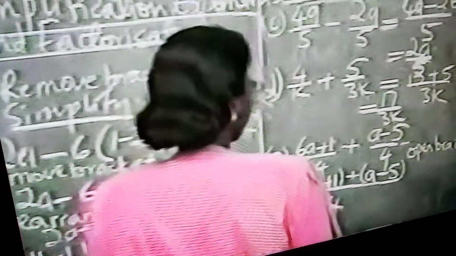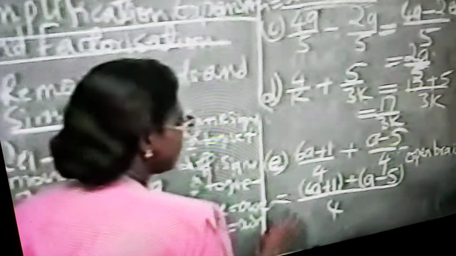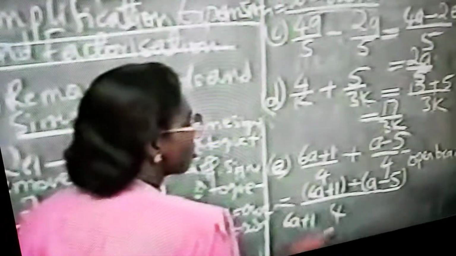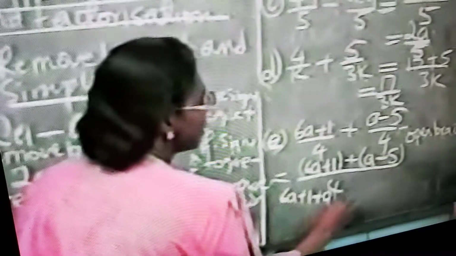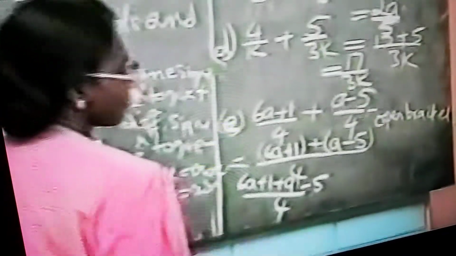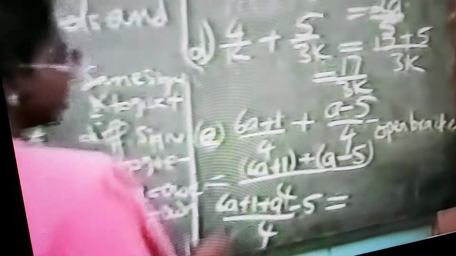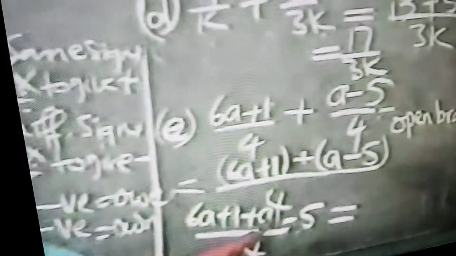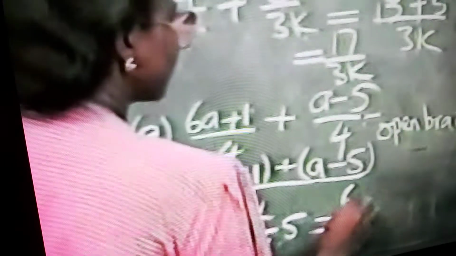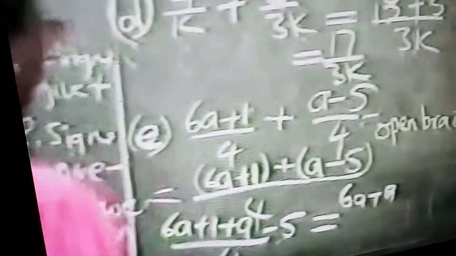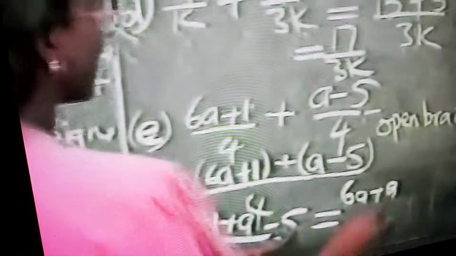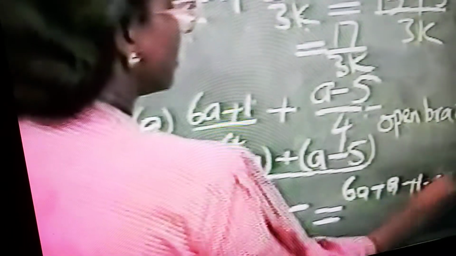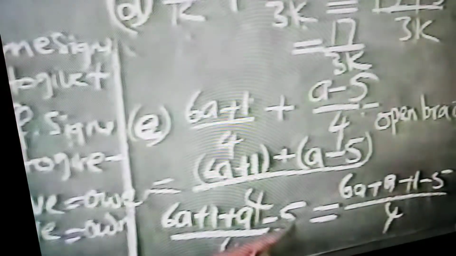When you remove the bracket, you have 6a plus 1 plus a minus 5 over 4, which is equal to, when you rearrange now, 6a plus a, and then plus 1 and minus 5 all over 4. And then you collect like terms.